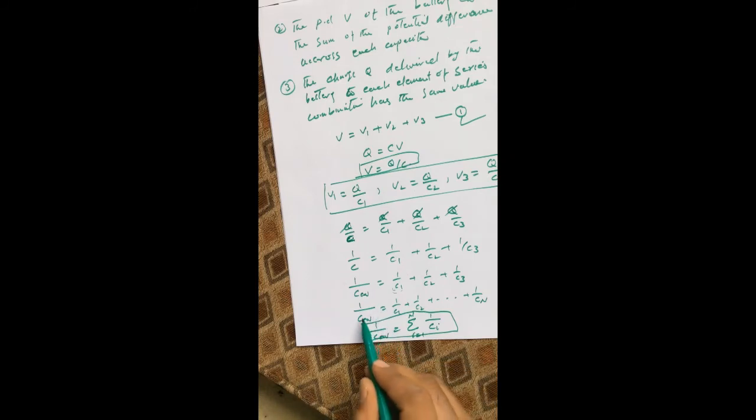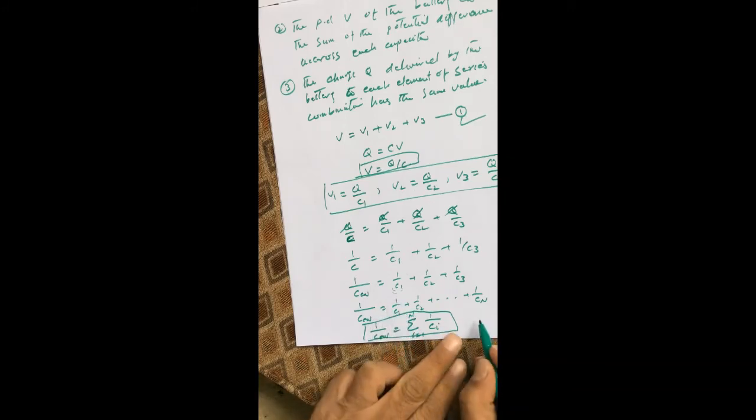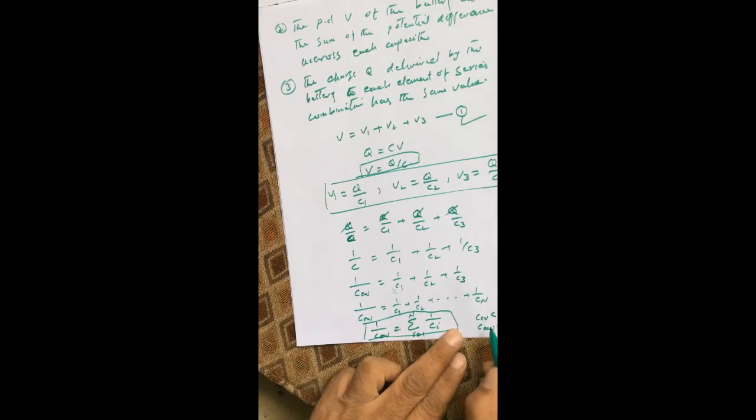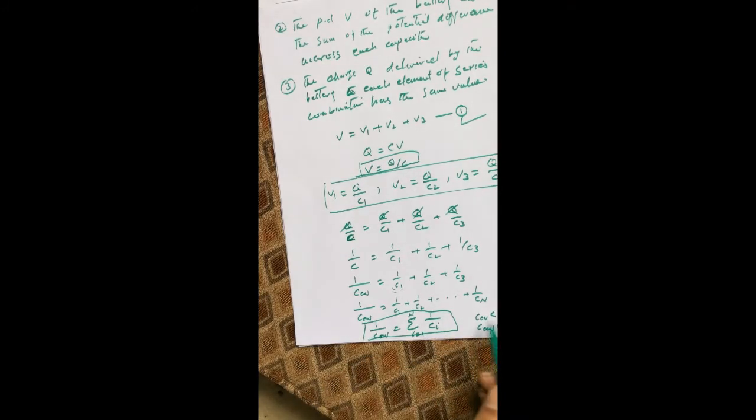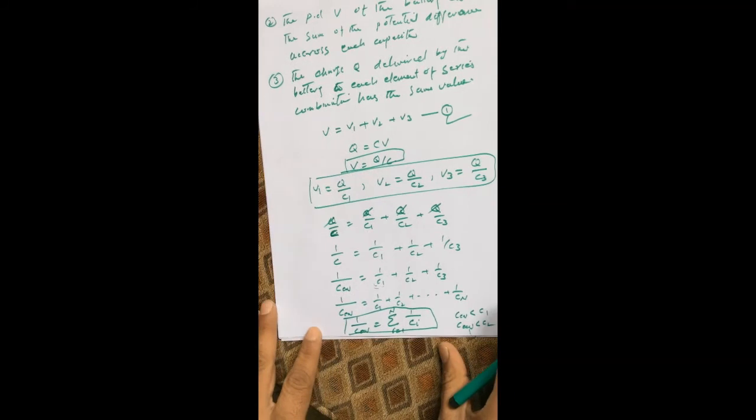One thing more: the equivalent capacitance of this series combination is always smaller than the capacitance of any individual capacitor. I can say that the equivalent capacitance is less than C1, less than C2, and so on.